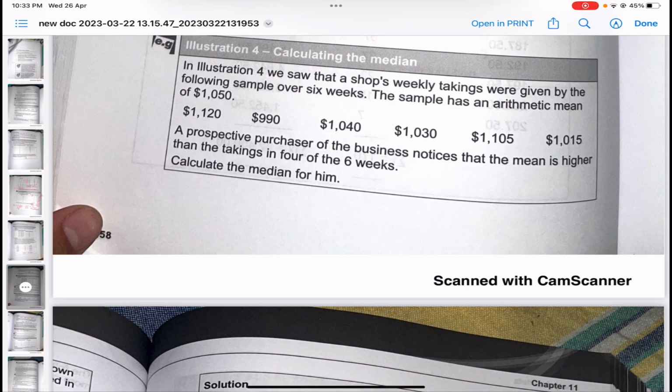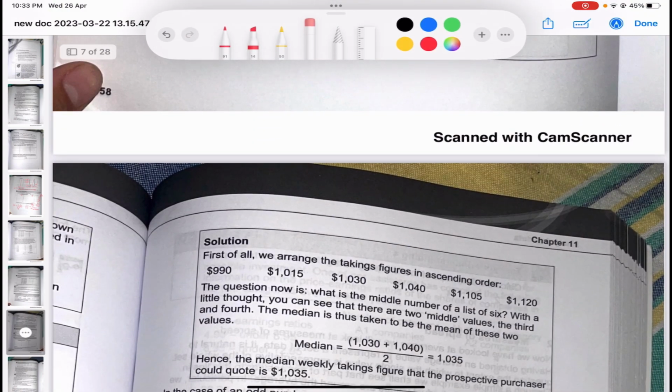Illustration number 4. We have been given the same data which was given in the illustration before. Now we have to find the median of the same. So how am I going to do it? First I am going to arrange this in ascending order. So now it's arranged in ascending order.